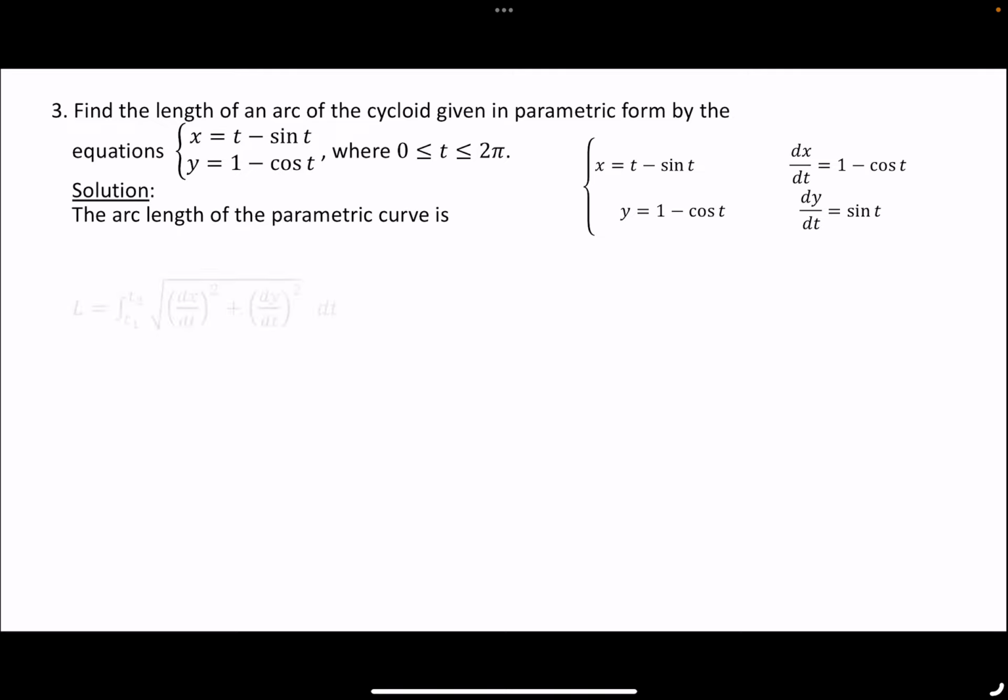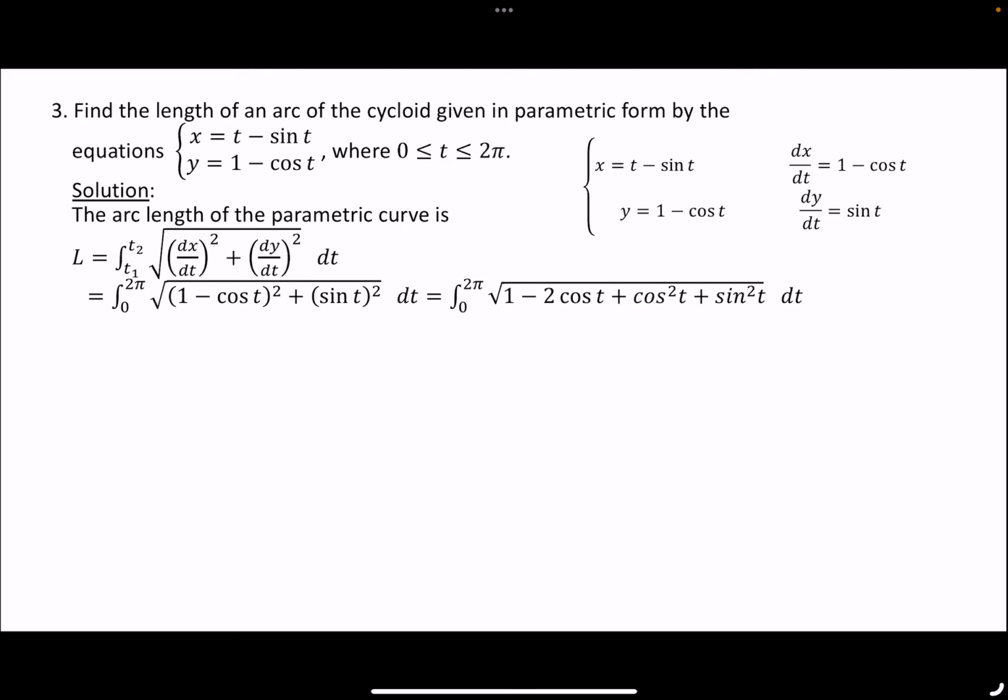We plug it into the formula. L is equal to the integral of the square root of dx over dt squared plus dy over dt squared from t1 to t2. So we integrate from 0 to 2 pi the square root of 1 minus cosine t squared plus sine squared t.